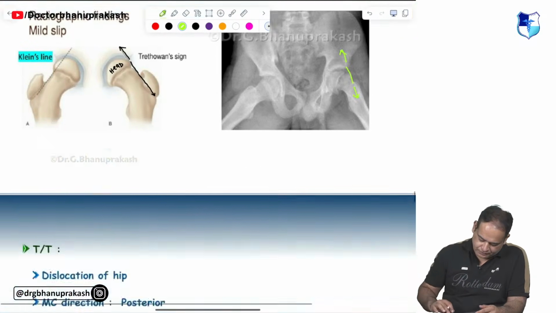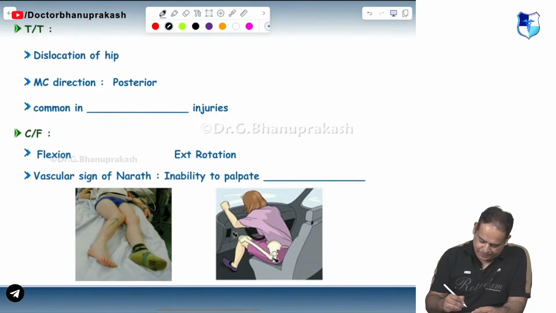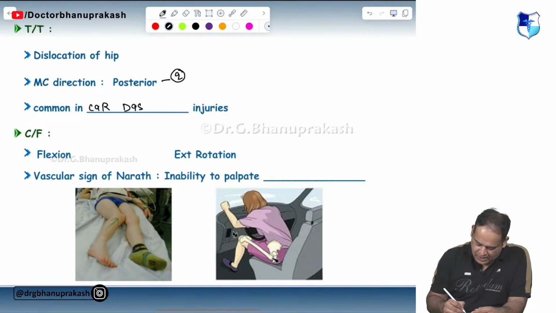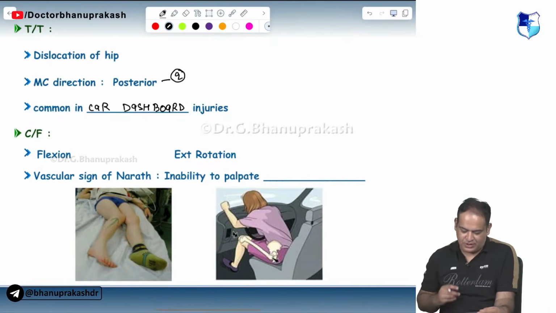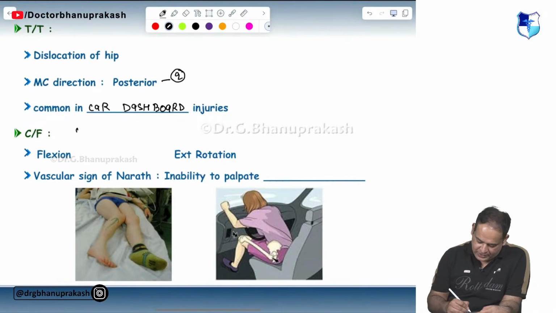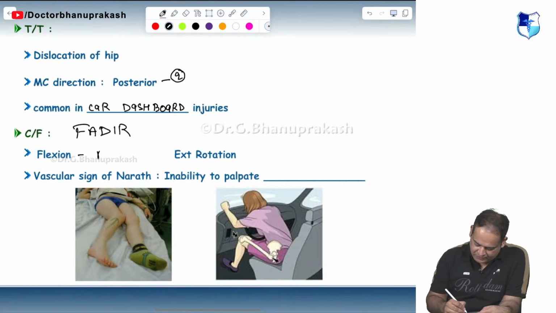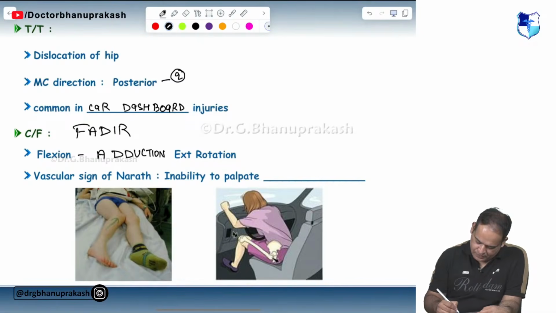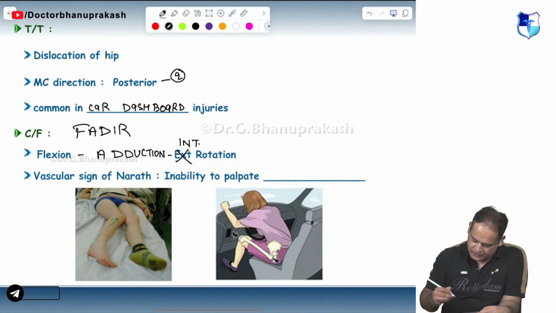Okay. Dislocation of hip. Most common direction is posterior. Now this is common in car dashboard injuries. Clinical feature, FADIR: that is flexion, adduction and internal rotation.